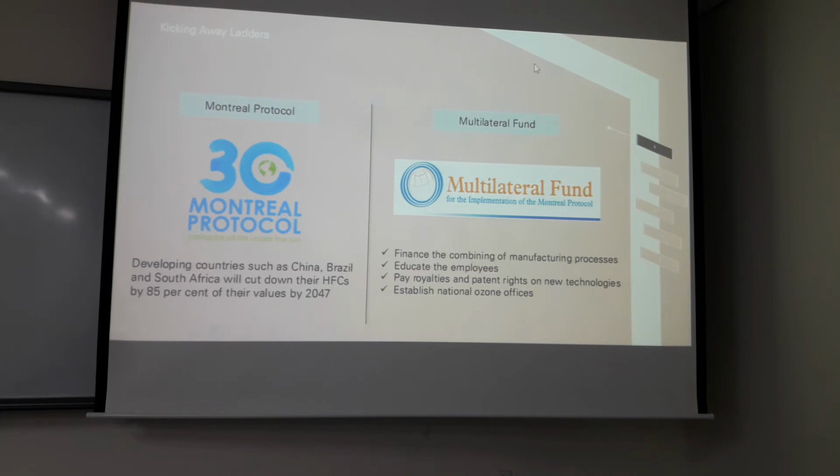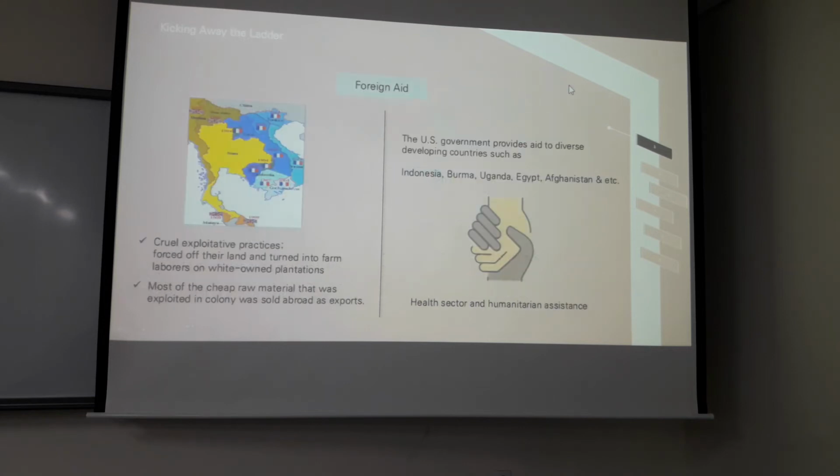And for this, a multilateral fund is established. It is to finance the conversion of manufacturing processes and educate the employees, pay royalties and patent rights on new technologies, and establish national ozone offices.